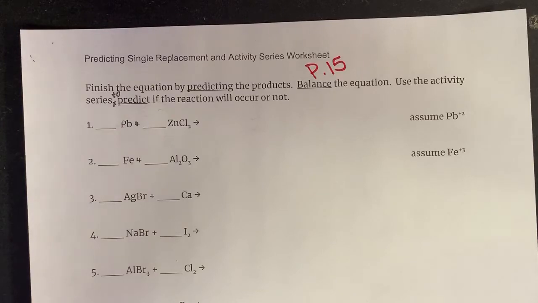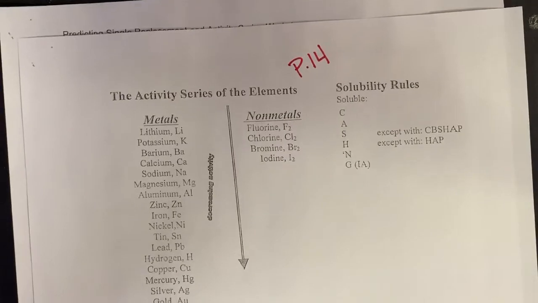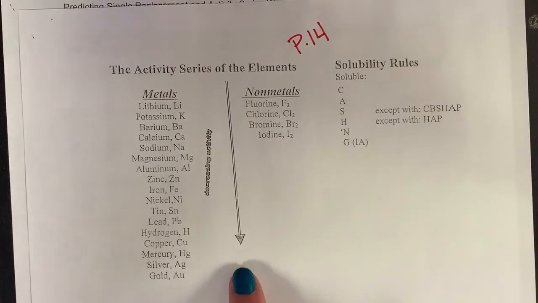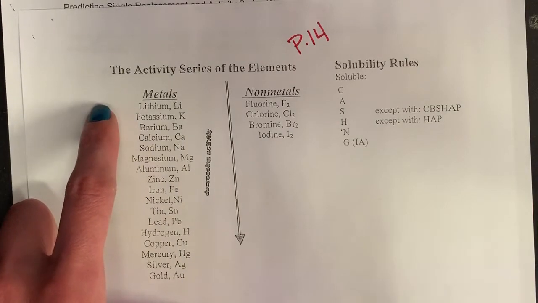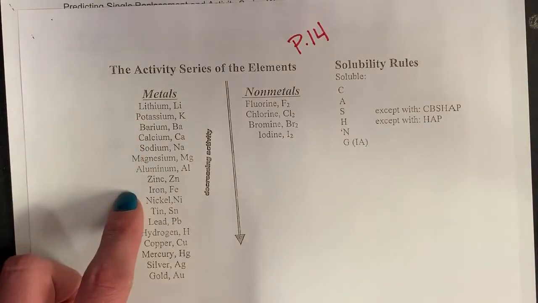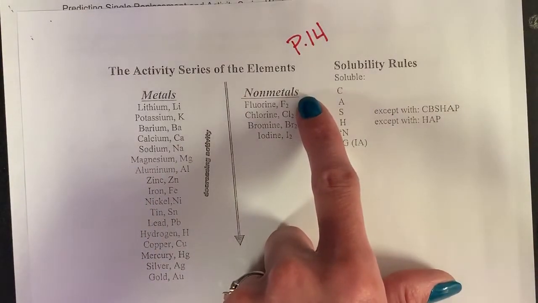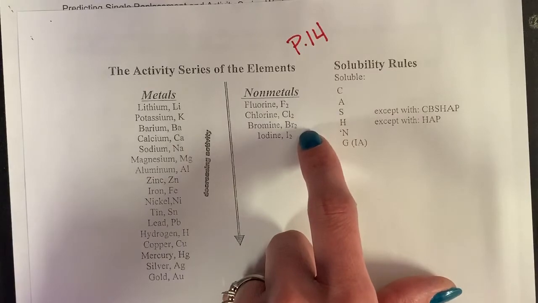So on page 14, you have what's called an activity series, okay? So on the left of the arrow, you've got metals. If I've got an element that is a metal, he is going to kick out another metal from the compound, okay? If I have something that is a non-metal, he's going to kick out the non-metal from the compound.